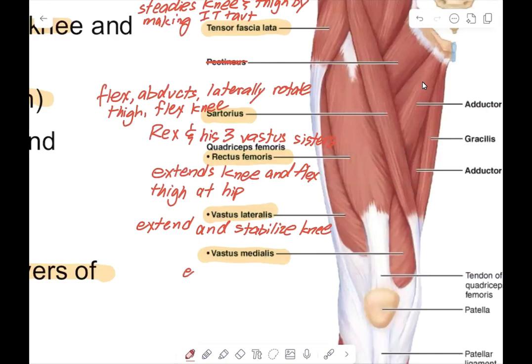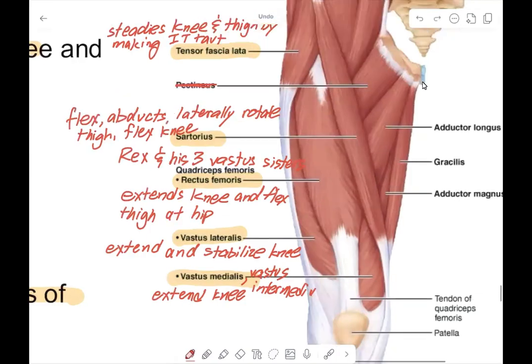The medialis is going to extend the knee. And that's also the same for the other vastus muscle, which is the vastus intermedius muscle. In order to see the vastus intermedius muscle, we would actually have to remove the more superficial vastus muscles.